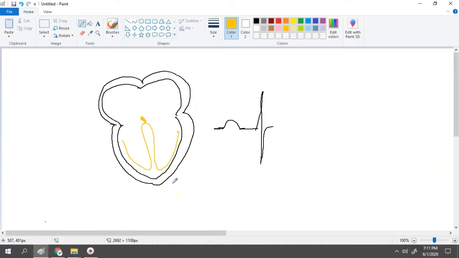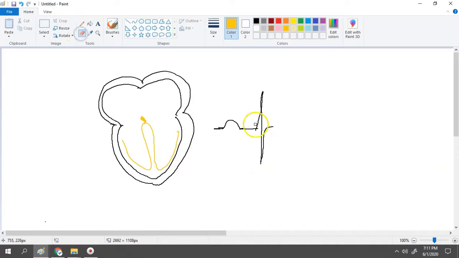So remember this, depolarization of the ventricle usually happens from the endocardial region towards the epicardial regions, right? Of course, the current flows from apex towards base, but very important, endocardium to epicardium, right?